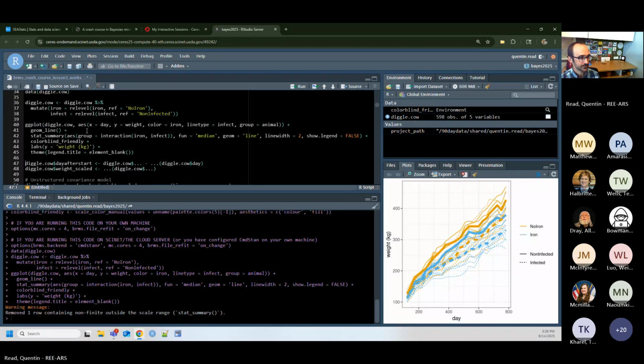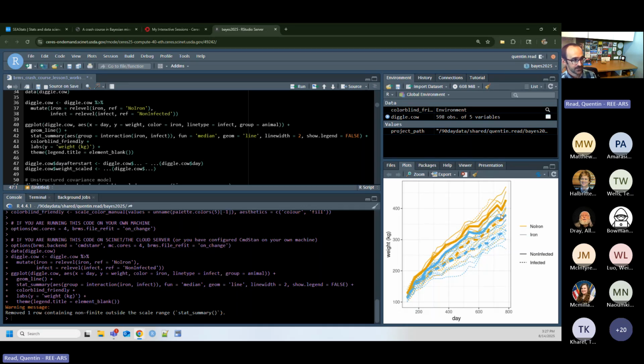Control Enter. So here you can see all the cows are gaining weight over time, over a period of several years. The solid lines are the healthy and dotted is infected. And you can see that obviously the solid lines are higher, so the weight tends to be higher for the healthy individuals.